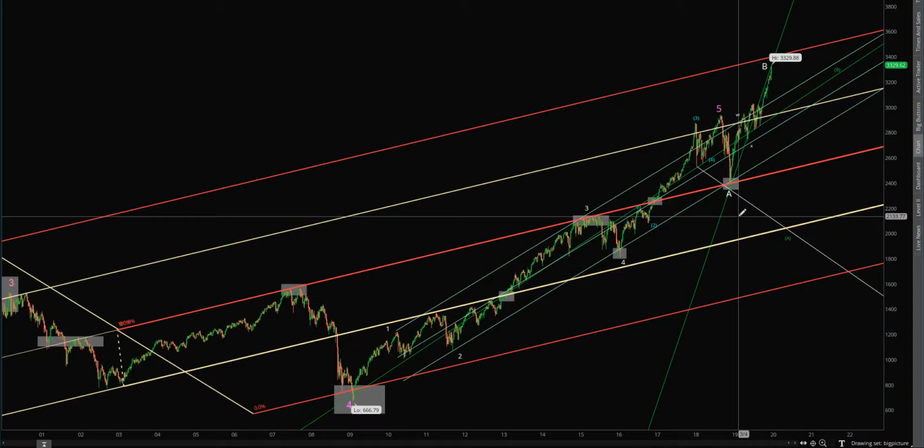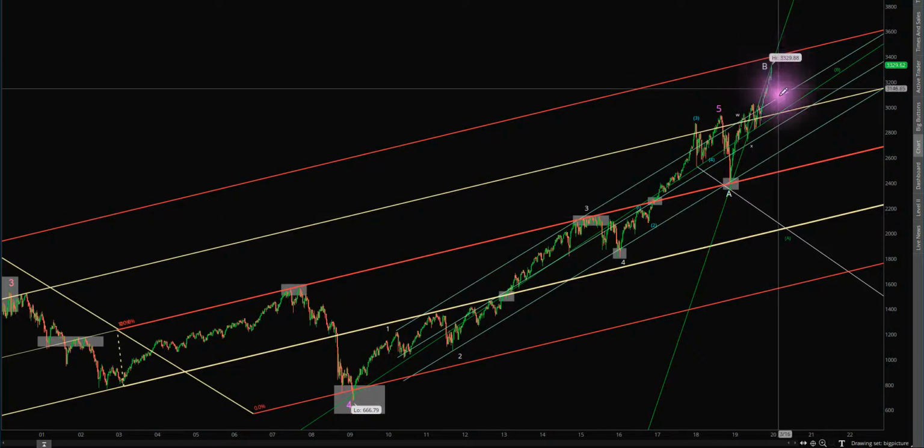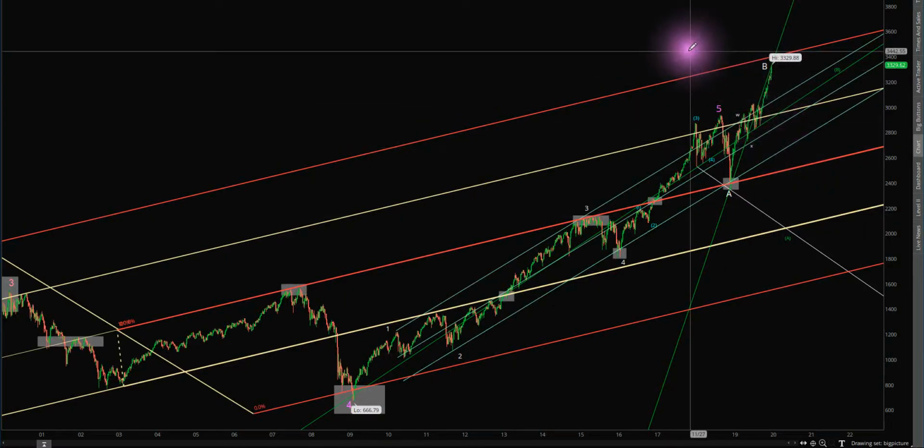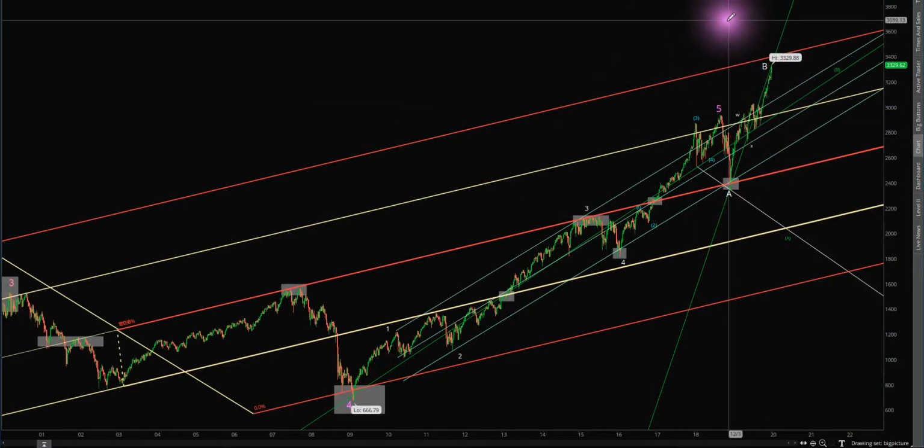It has now retraced more than 161%, which is very high for a B wave. How is it possible? This is the end of the cycle, so we have a new cycle. This means that we shifted degree. The degrees are higher, the moves will be even more extreme in this new cycle. So that's one explanation, I think.